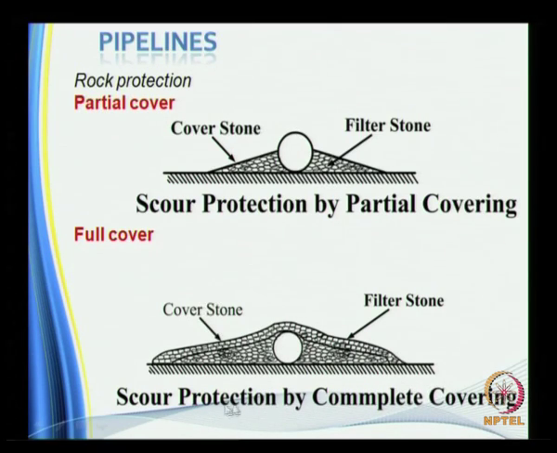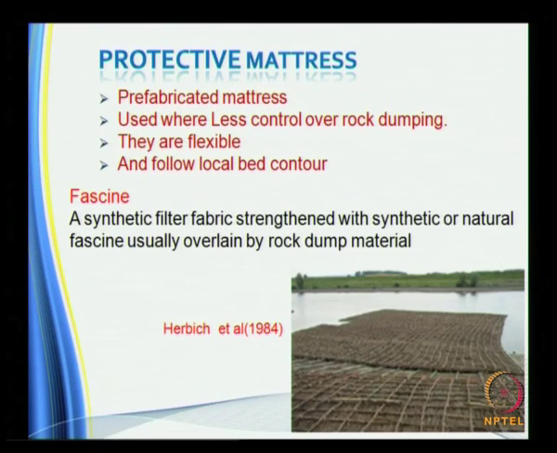So in case of mostly this kind of situation, this kind of protection is considered, the whole pipe is covered. Protective mattress, as I have said earlier, this is a prefabricated mattress used where there is less control over rock dumping, they are flexible and follow the local bed contour. So those are the advantages.